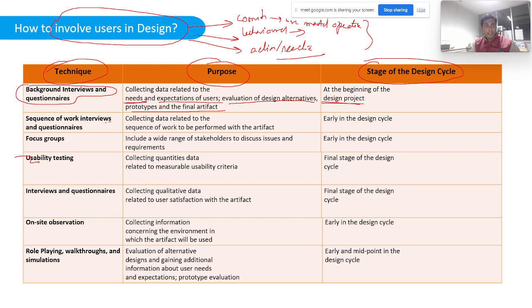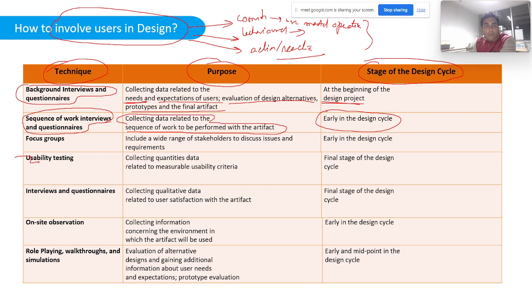Then sequence of work interviews. A work interview means that while the user is at work, you try to interview them. This technique is also helpful in early stage design, and the purpose is to collect data related to the sequence of work to be performed with the artifacts.